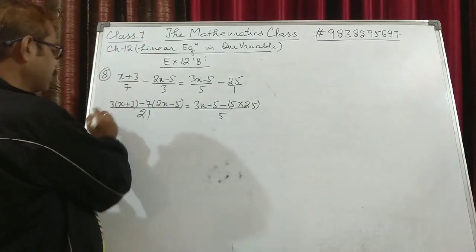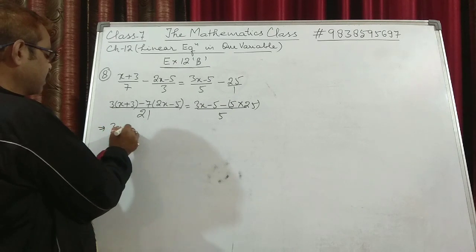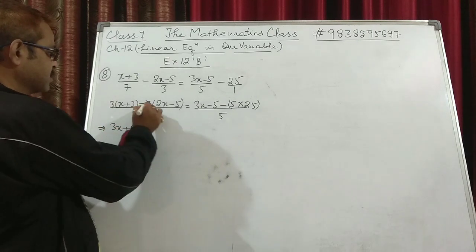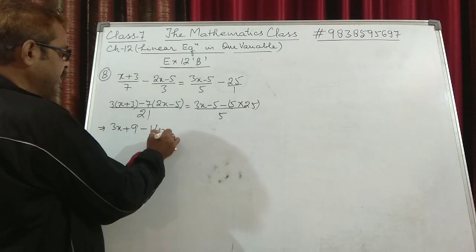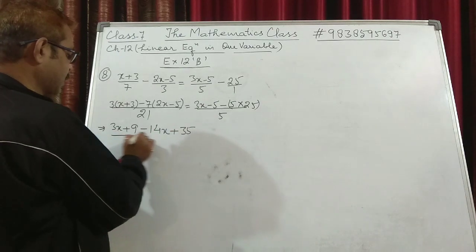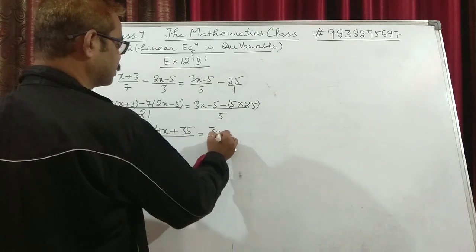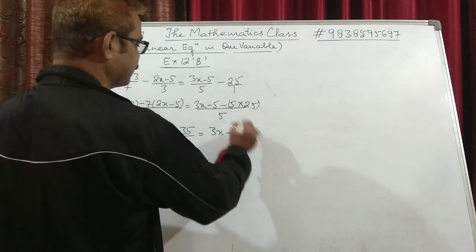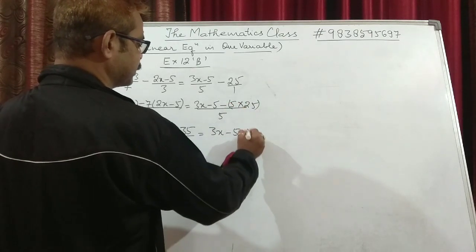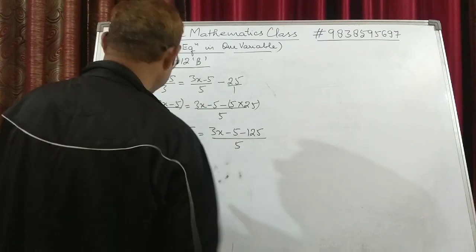Now when you open the bracket, 3x plus 3 3s are 9 minus 7 2s are 14x plus 7 5s are 35 upon 21 is equal to 3x minus 5 minus 5 into 25 is 125 upon 5.